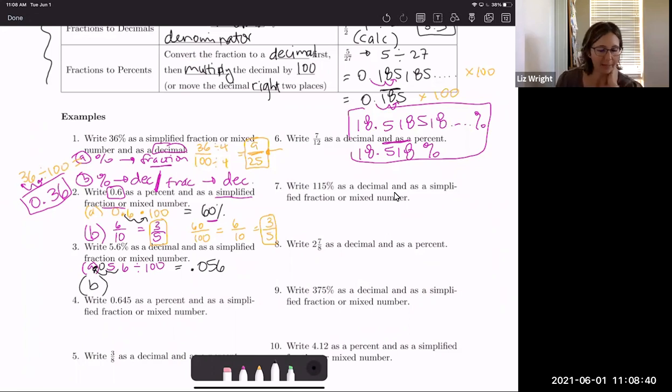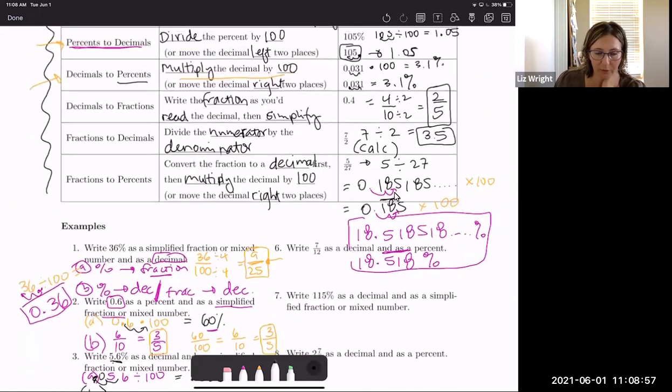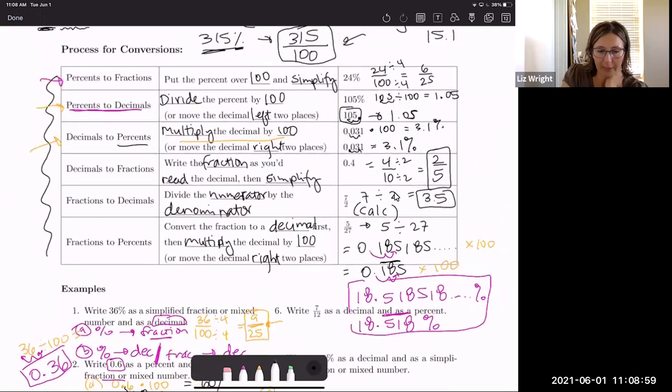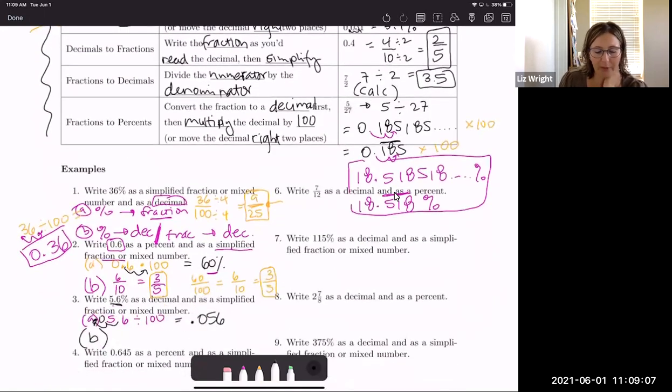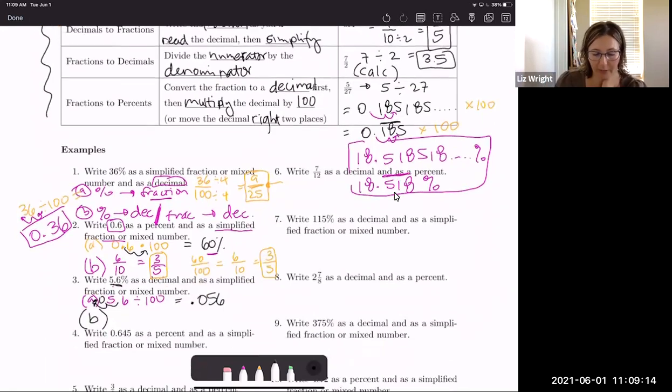And then as a simplified fraction or mixed number. So here, I've had students come back here and say, oh, I'm going to go from this percentage, and I'm just going to write it as 5 6/10, and then I just have to reduce. That's not quite right, because here it's a decimal percentage, right? So in order to go from a percent into a mixed number or fraction, we come here. And we're going to put it over 100, and then we would simplify. So you can either start by doing 5.6%, and you can do 5.6 over 100, and then keep going from there.